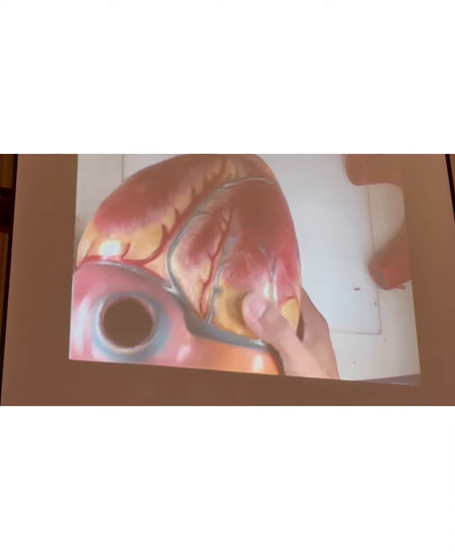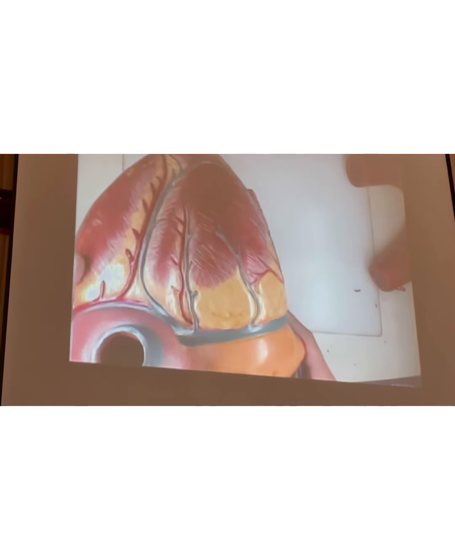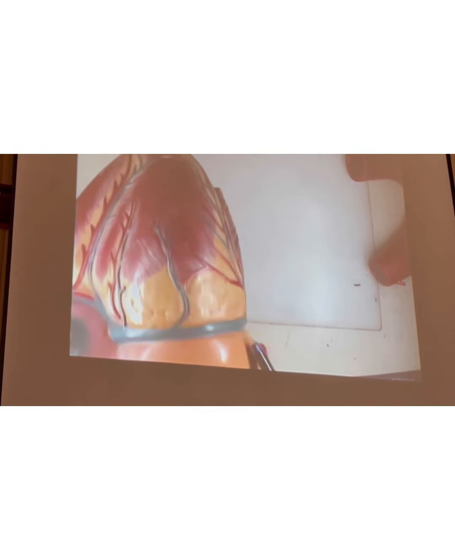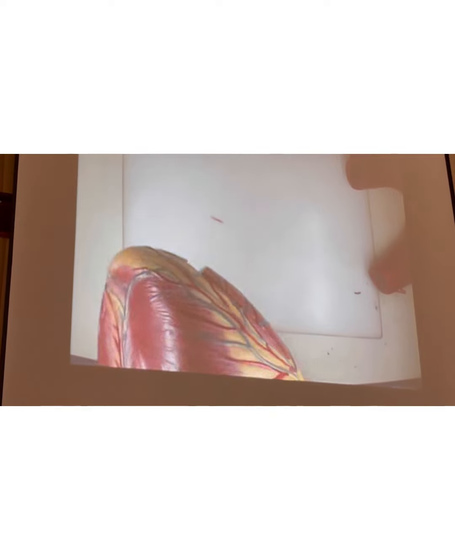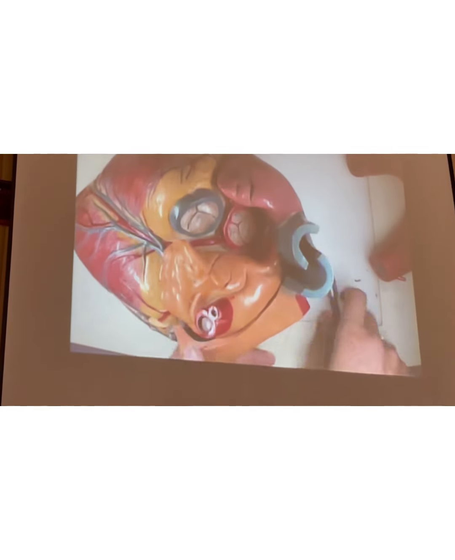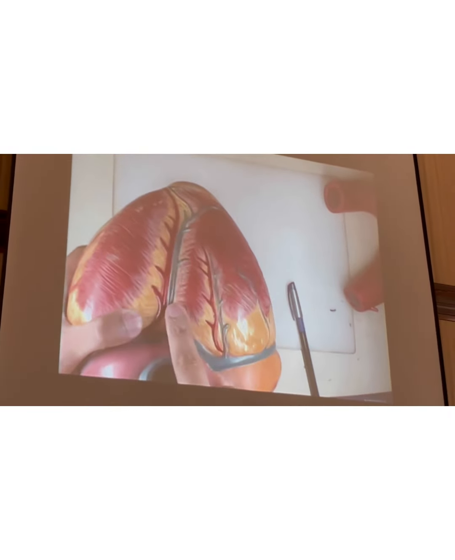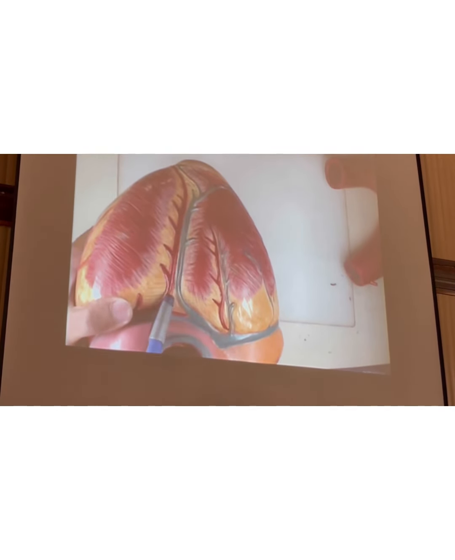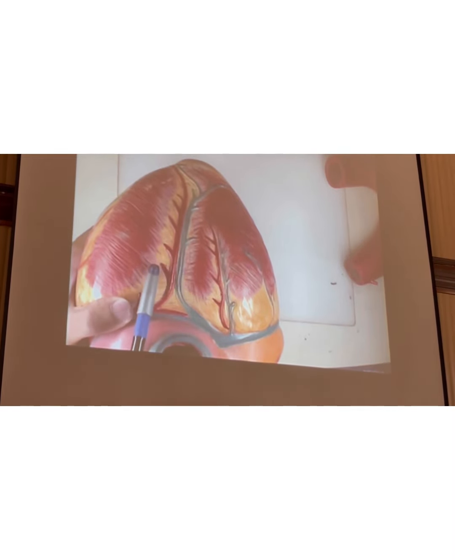Then we have the middle cardiac vein. The middle cardiac vein here runs posteriorly. It follows the posterior interventricular groove, following the posterior interventricular artery, or posterior descending artery.